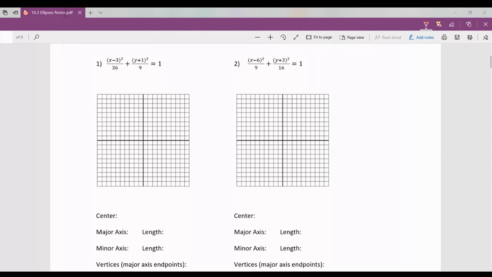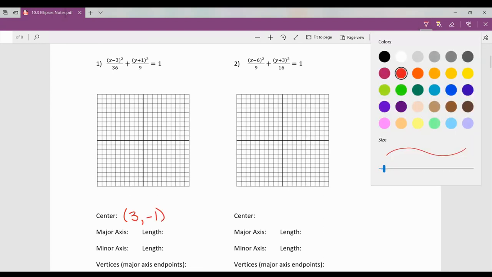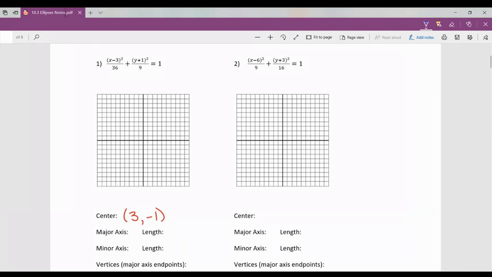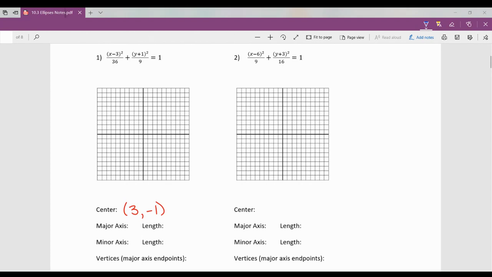My center is h comma k, so it's 3 comma negative 1. I'm going to change that to blue to graph it. So I'm going to go to positive 3 comma negative 1 and plot the center of my ellipse.